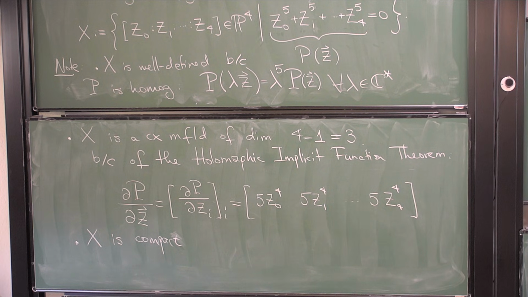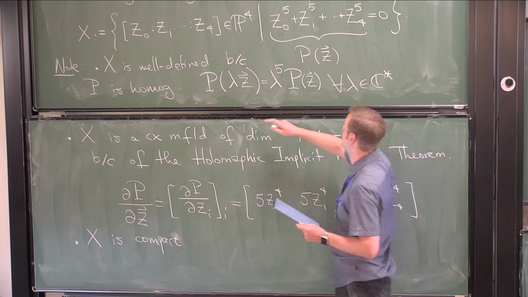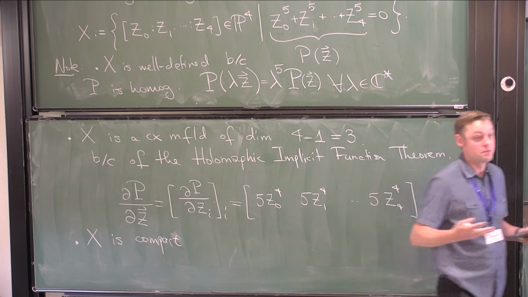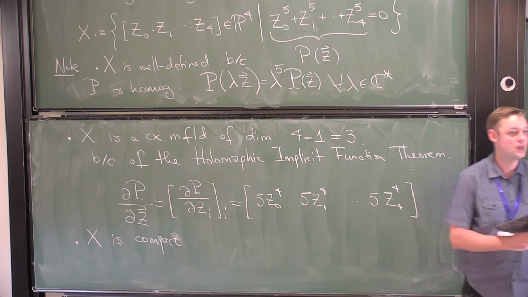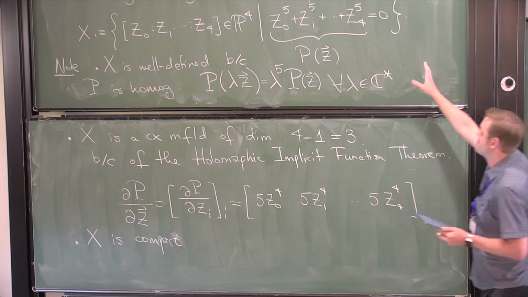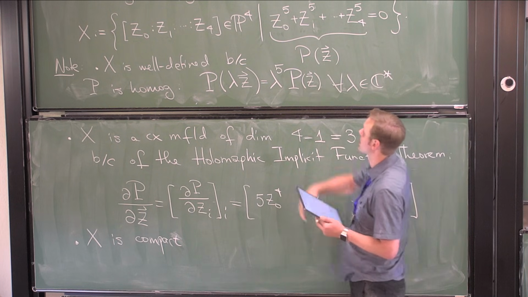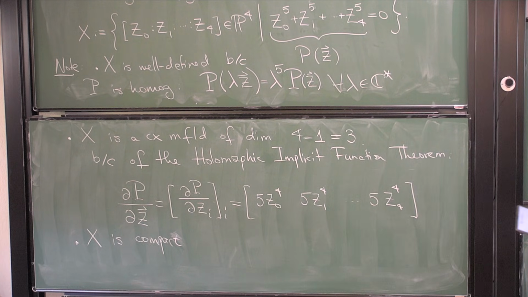But this is just a closed subset of a compact space, so it must be compact. So does this make sense? And so this is a three-dimensional complex manifold called a quintic threefold.